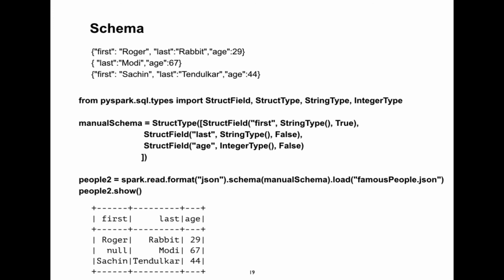I need a StructField, StructType, and all the various types. Now I'm creating the schema. First should be a string type. Last, string type. Age is integer type. Remember the true or false is whether it's nullable or not.